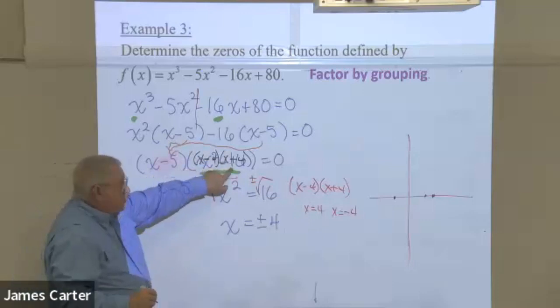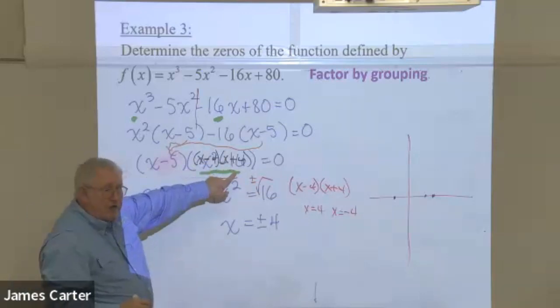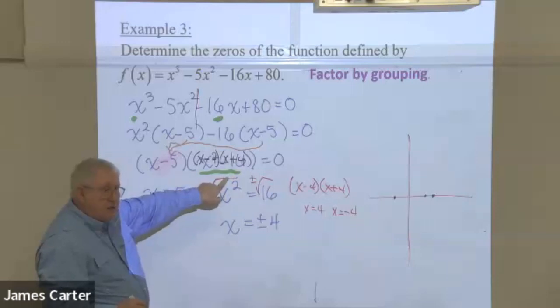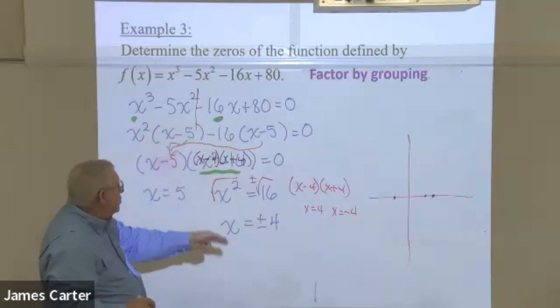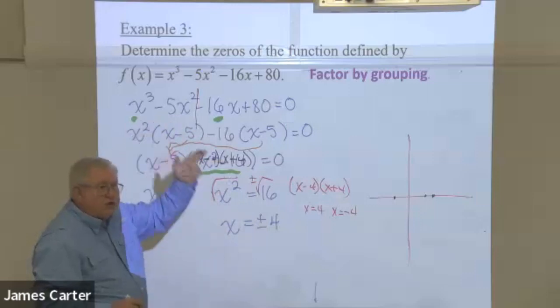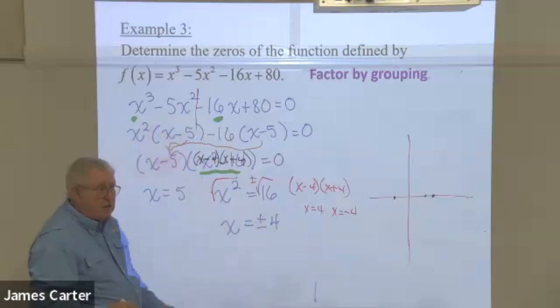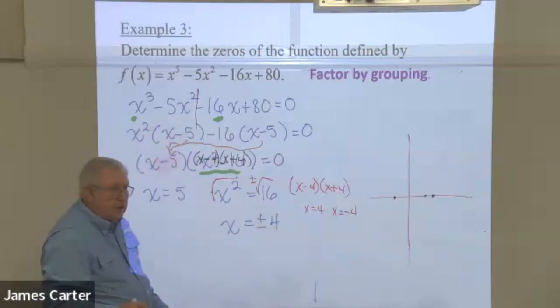All of these factors are odd-powered factors, aren't they? That means that all 3 of these are odd multiplicity. That means all 3 of these are crossing lines.